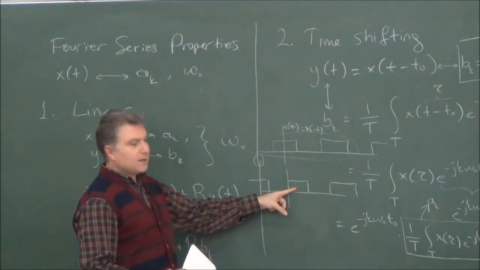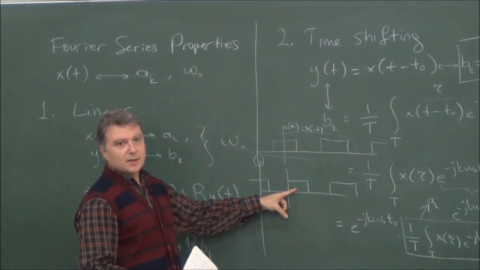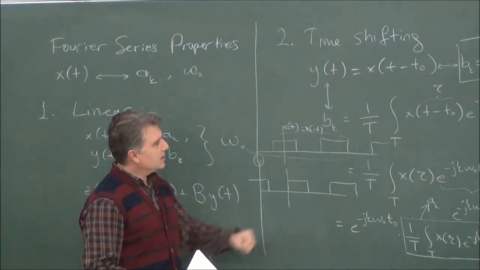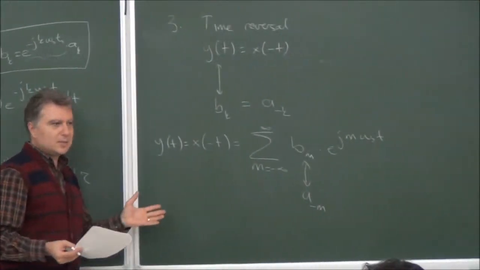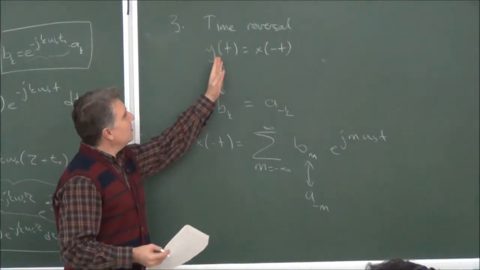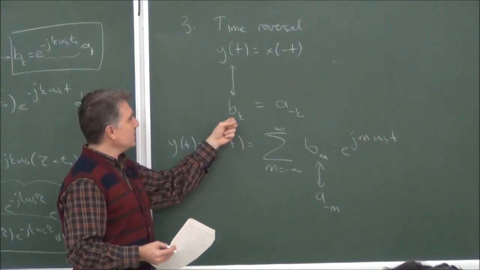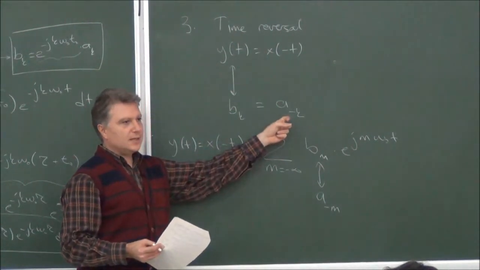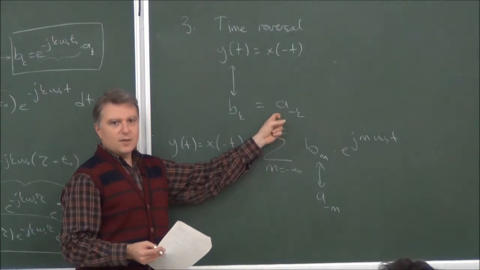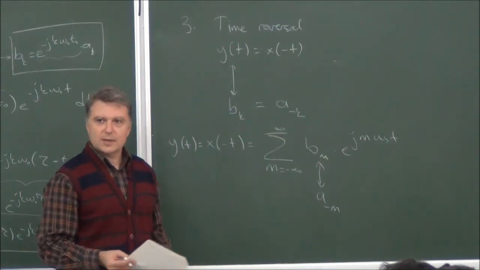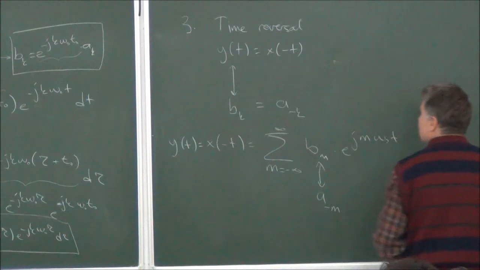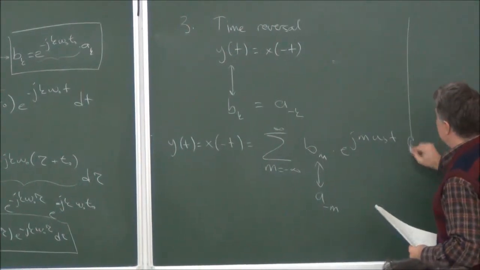But for this signal, for example, it would be different, because this is not a symmetric sequence. So in general, symmetric or non-symmetric, whatever it is, if y of t is equal to x of minus t, then the corresponding Fourier series coefficients are the opposite indexed or negative indexed Fourier series coefficients of the original signal. bk is equal to a minus k, in other words.